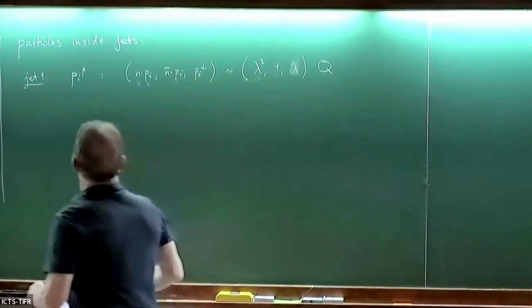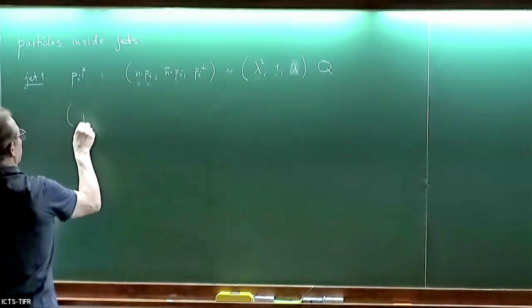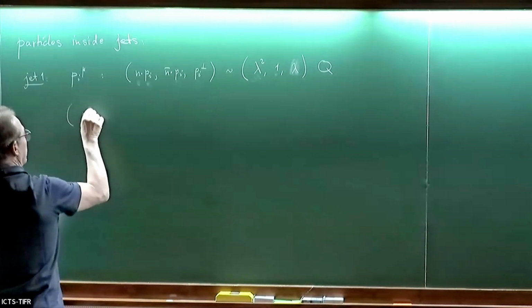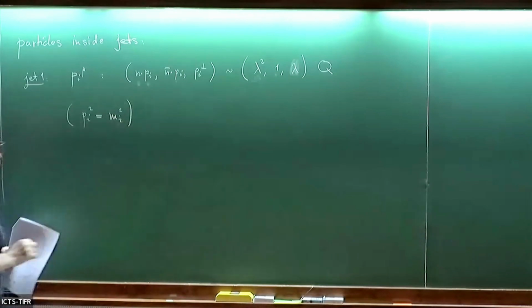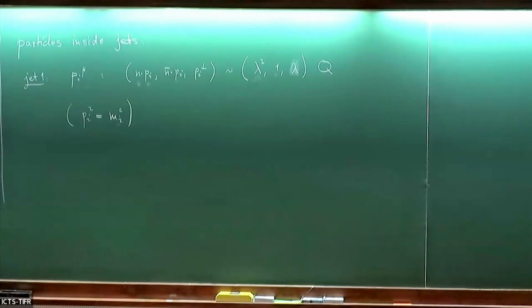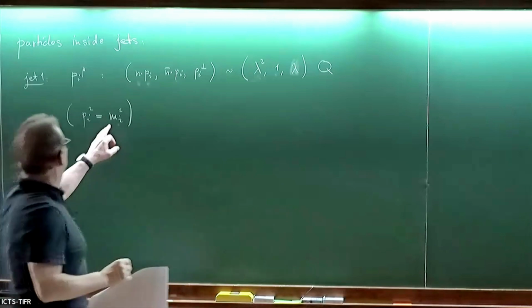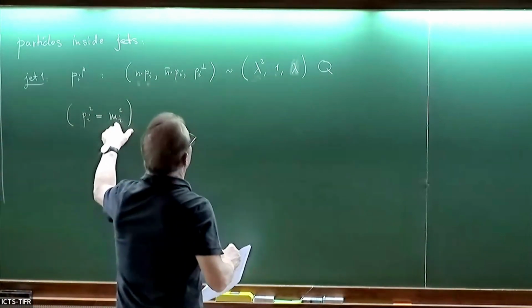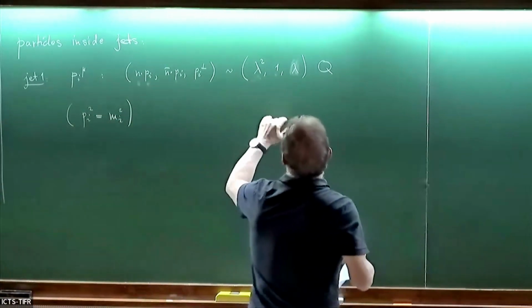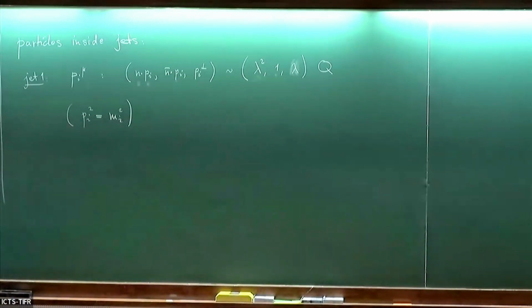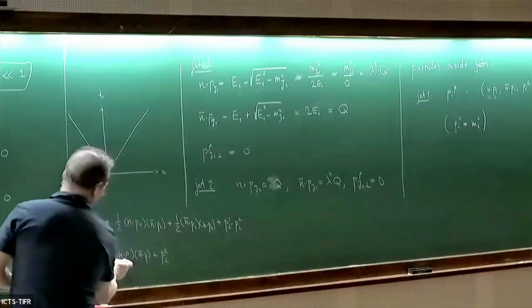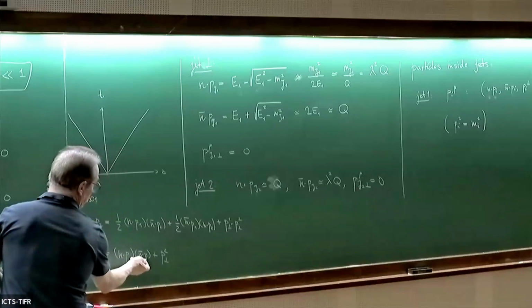And the reason is that each particle in the jet will also satisfy a mass condition, but this is now the particle masses, the quark masses or the gluon masses, let's say. And if p squared is going to be small, p squared from this formula is the product of the two light cone projections.